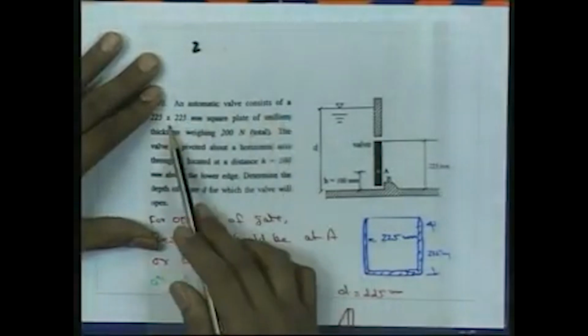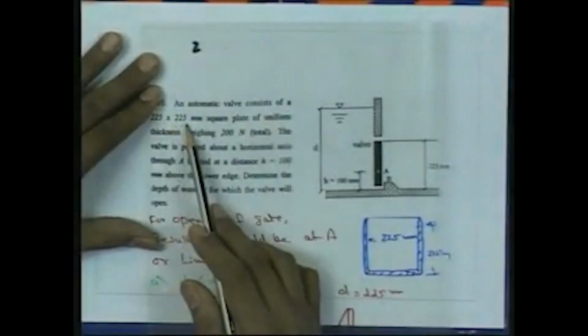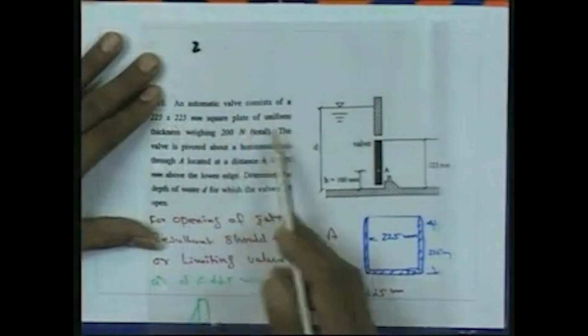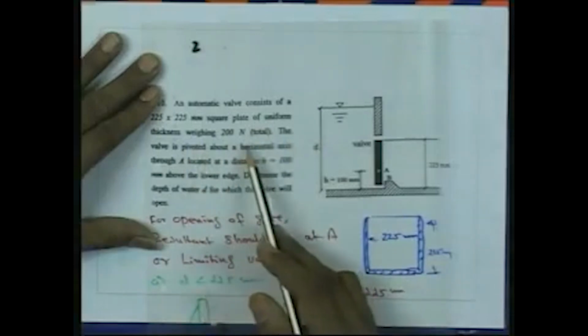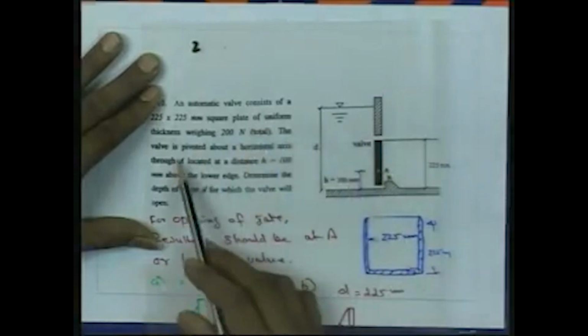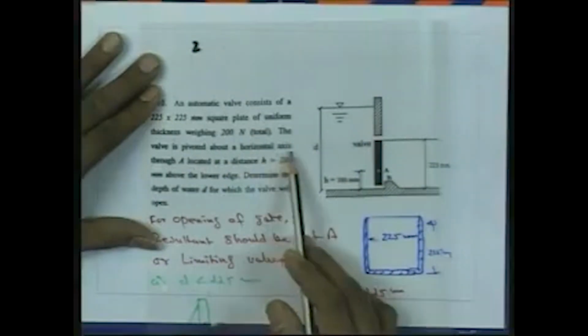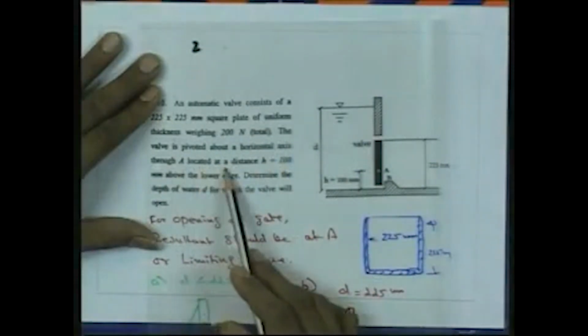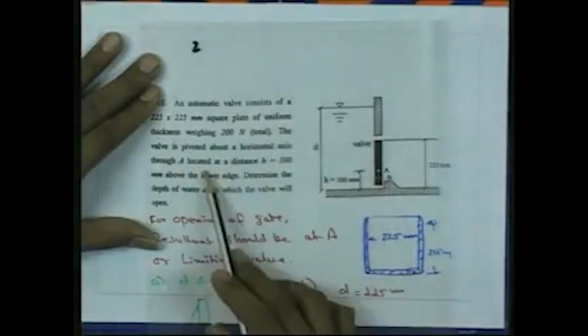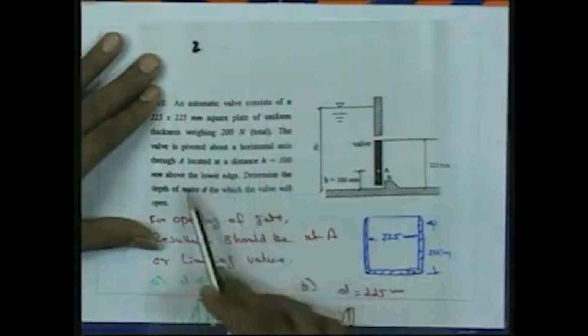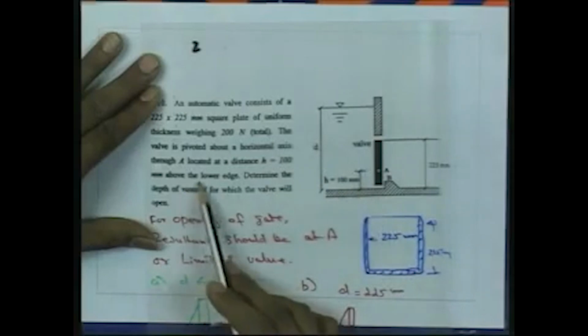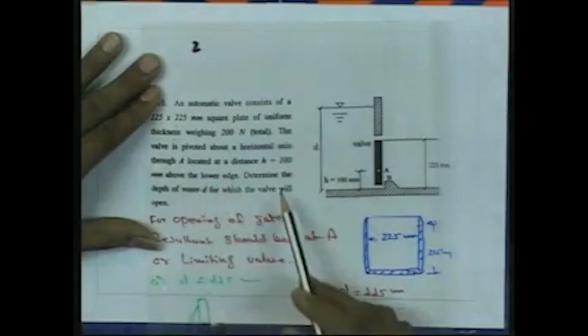So, the problem statement here is to determine, for an automatic valve which consists of a 225 into 225 millimeter square plate of uniform thickness weighing 200 Newton as shown in this figure, the depth of water. The valve is pivoted about a horizontal axis through A, located at a distance h equal to 100 millimeter above the lower edge.